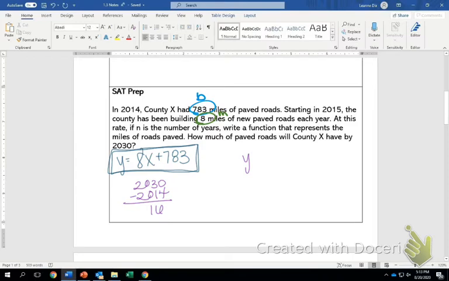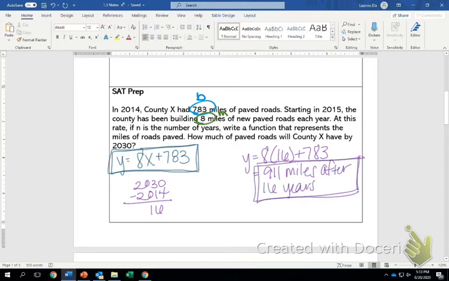So I am going to take that 16 and I'm going to plug it in for my x value, which is technically supposed to be my n, but it's fine. So we'll say y equals 8 times 16 plus 783, and that should equal 911 miles. All right, and we'll say this is 911 miles after 16 years, or in the year 2030.